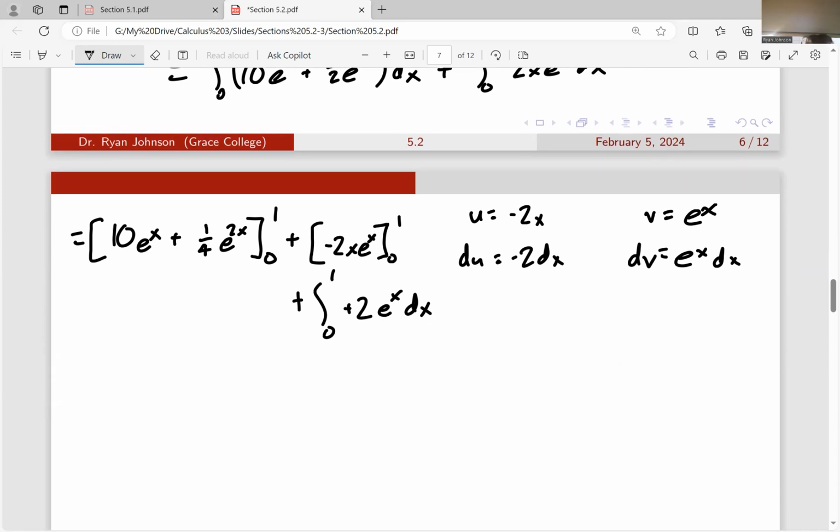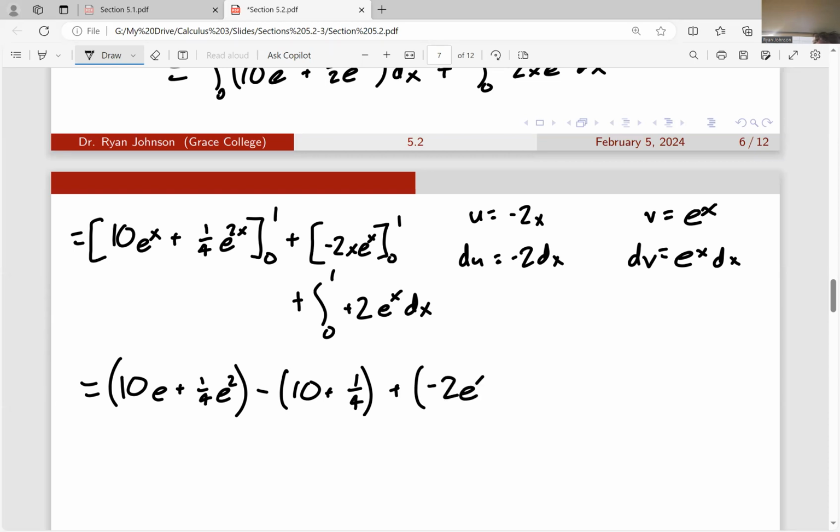And so this is equal to 10e plus 1/4 e squared minus 10 plus 1/4, plus, when I plug in 0 there, it doesn't give me anything, but when I plug in 1, I get the negative 2 e to the x.